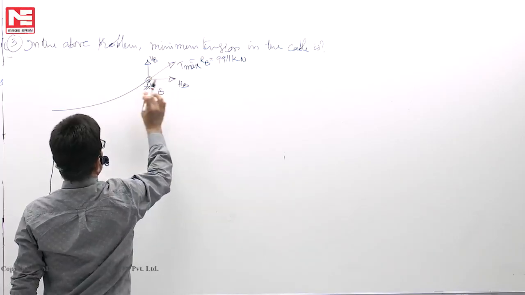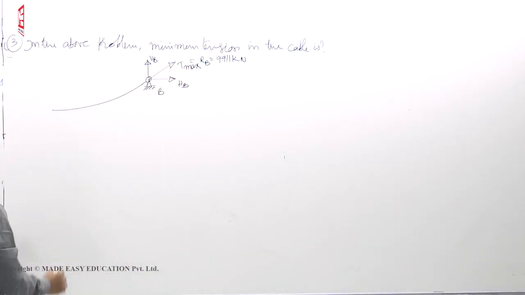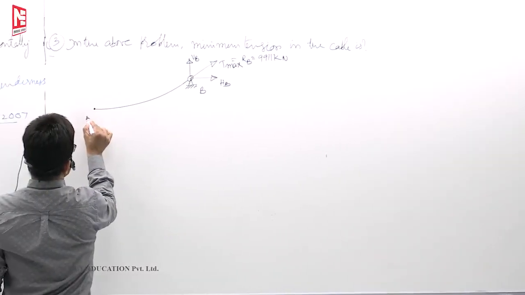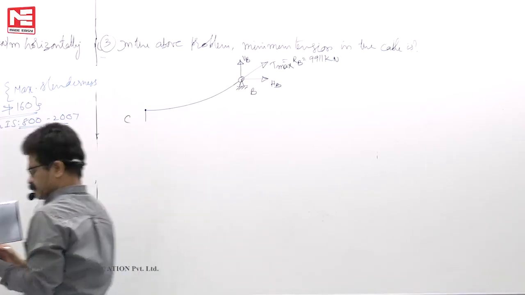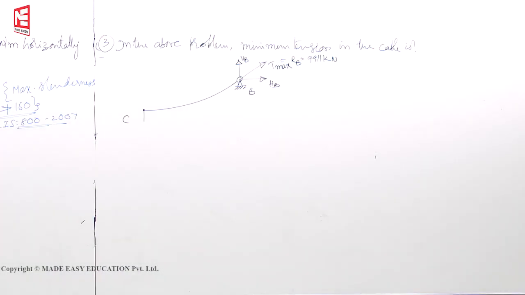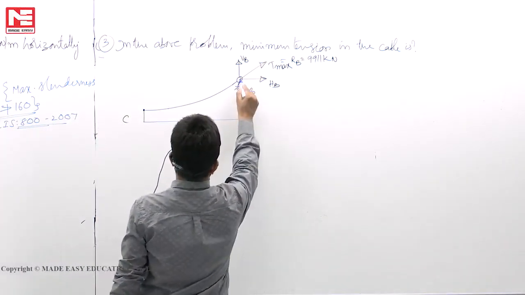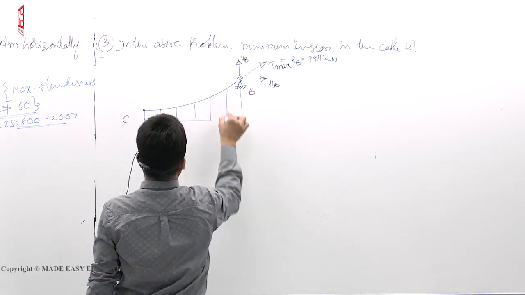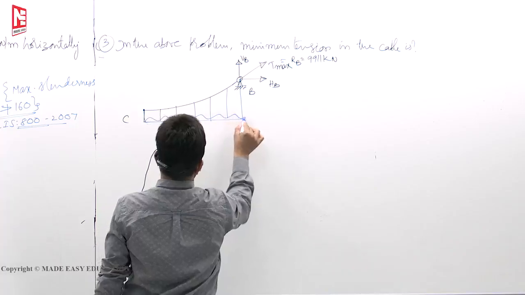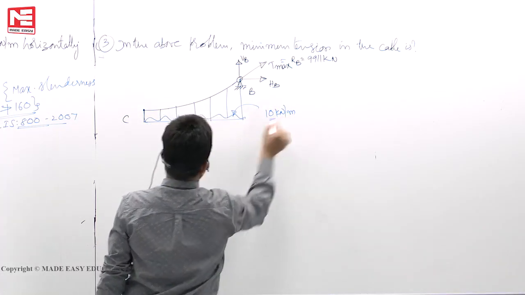Now this I am removing. Why? On the cable, directly what the hinge support is doing, we are showing. Then this point, let us say C. If you show this free body diagram, this is the loading. This value is 10 kilonewtons per meter.